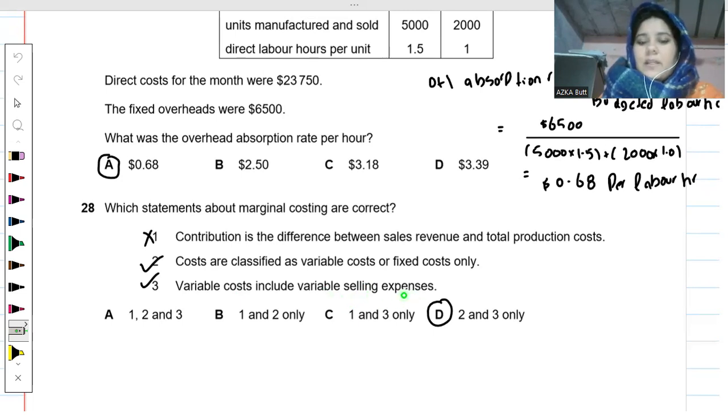Whenever some cost or expenses increase with an increasing number of output or sales, we can say that these types of expenses would be variable cost. So option 2 and option 3 are the right options. So D is the right option.